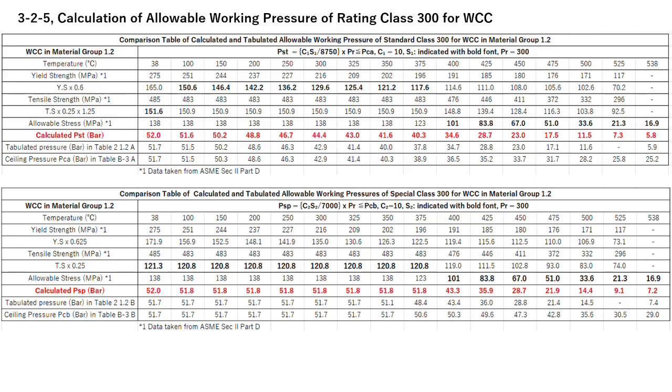So indicated with bold font. 400 temperature and more. So allowable stress value, lower value indicated. So we assign the S1 value for this. So with bold font.